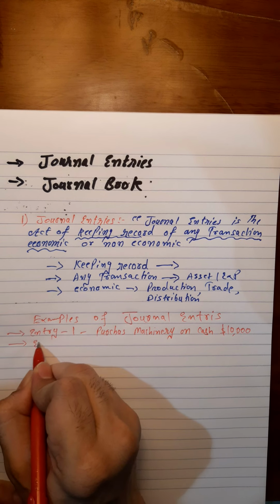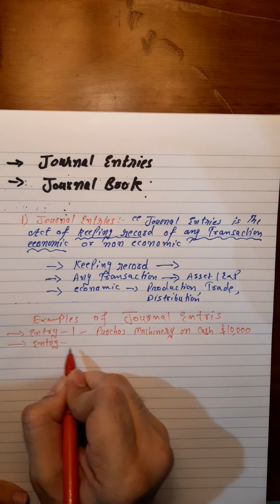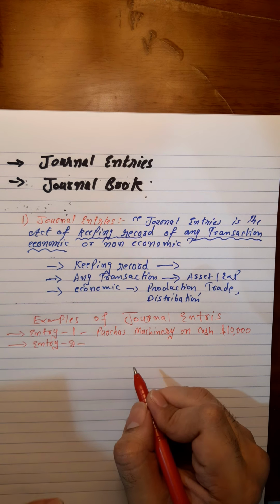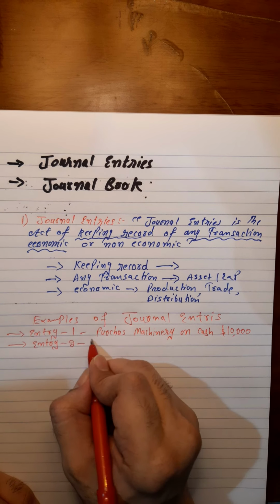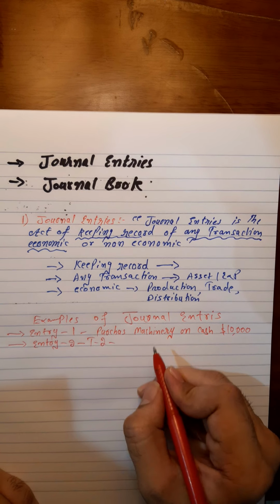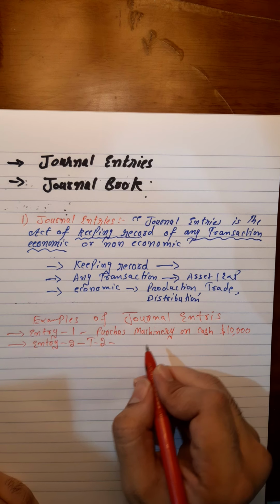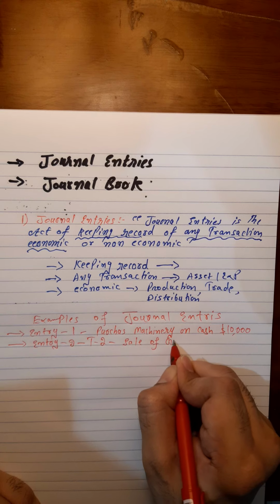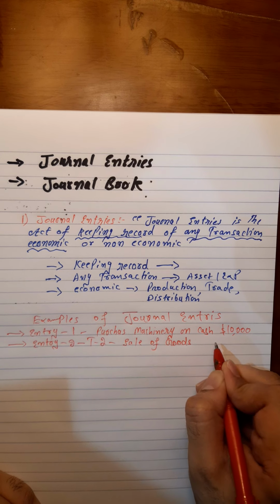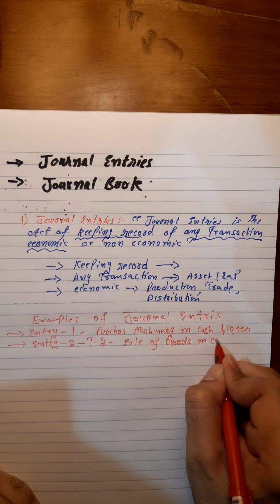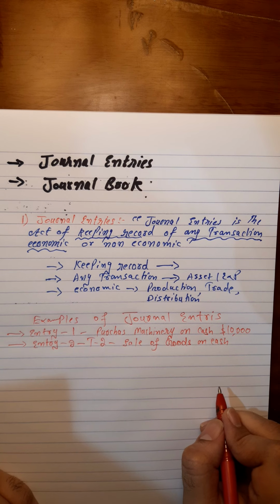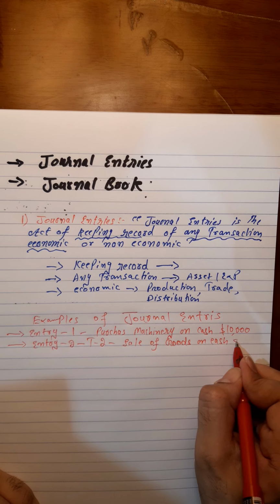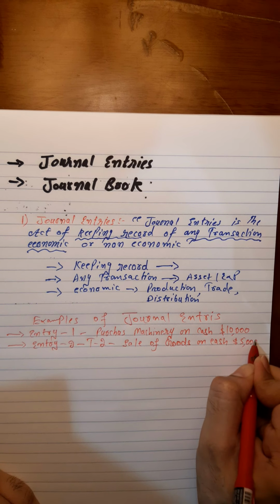Entry number 2 or transaction number 2: sale of goods on cash, $5,000.